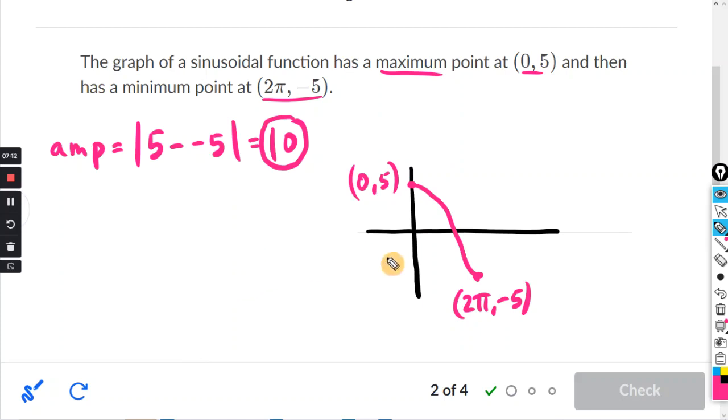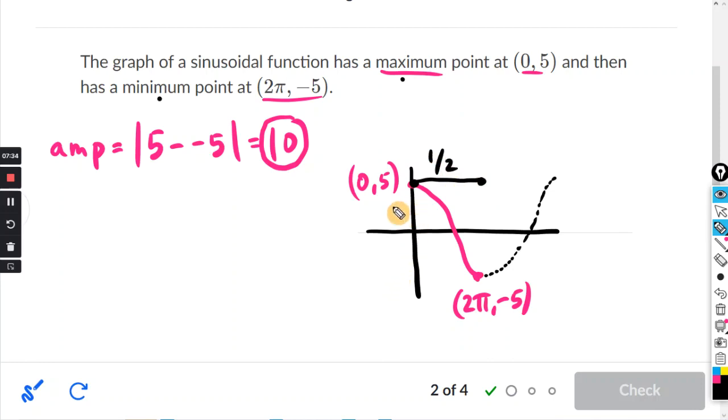And then for the value of B, let's see the period. If you go from a max to a min, that's going to be half the period. The rest of the period would be min to max, right? So going from here to here, that's going to be half the period.